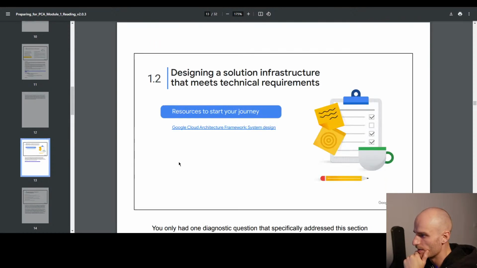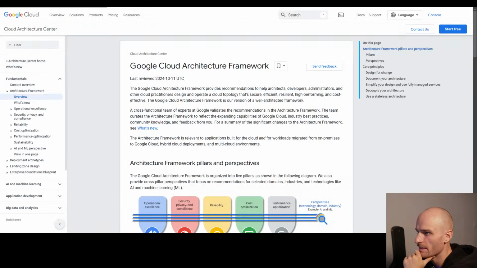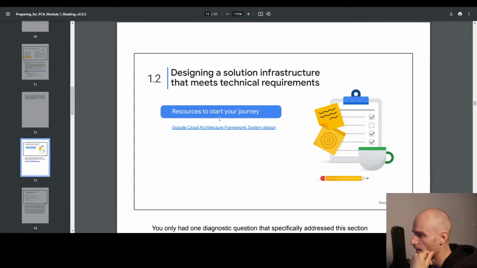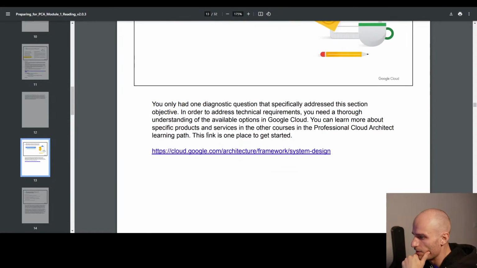Yeah, okay, I see. And this? Oh, yes, the same. Okay, you had one diagnostic question that specifically addresses this section or others that can be made from Google Cloud.